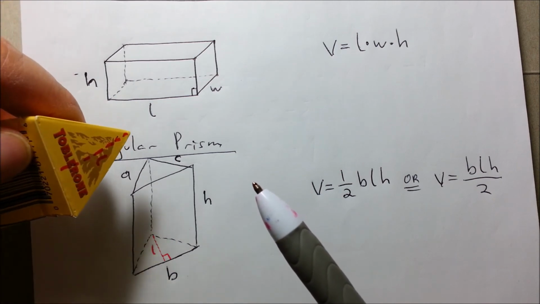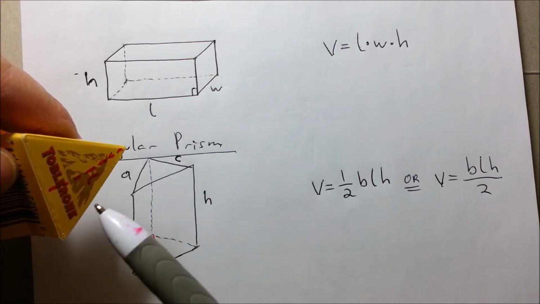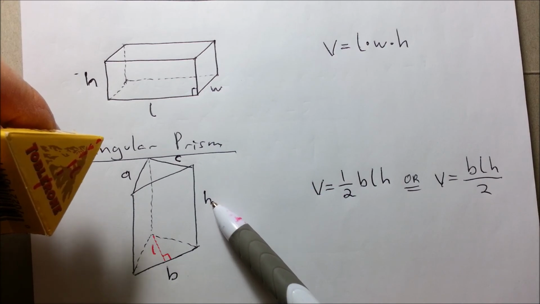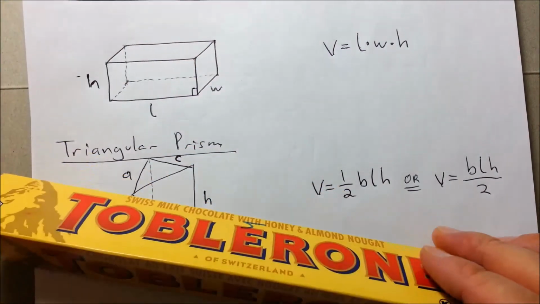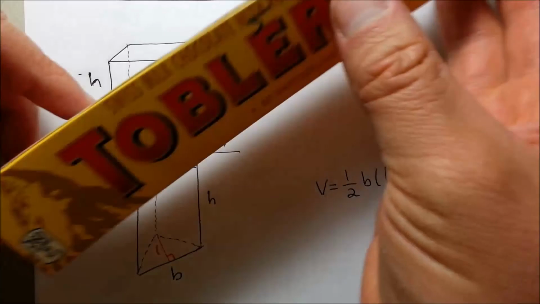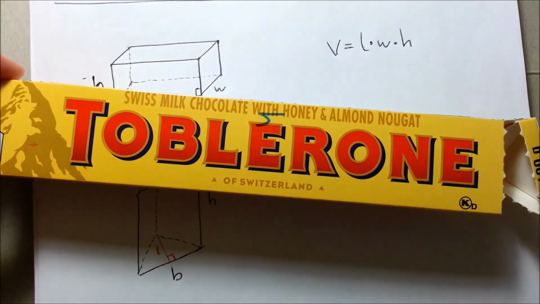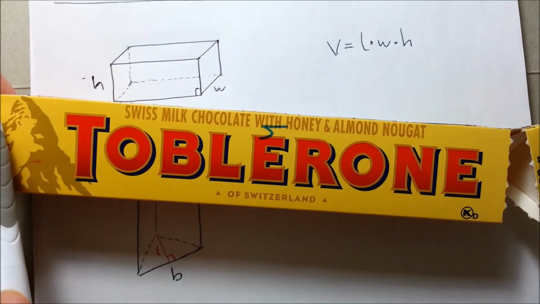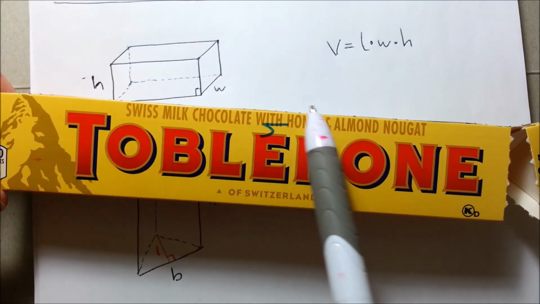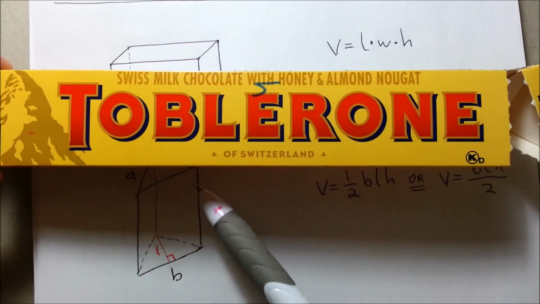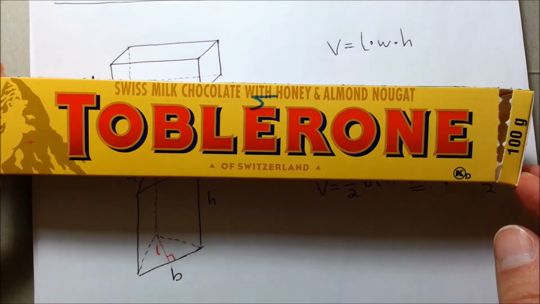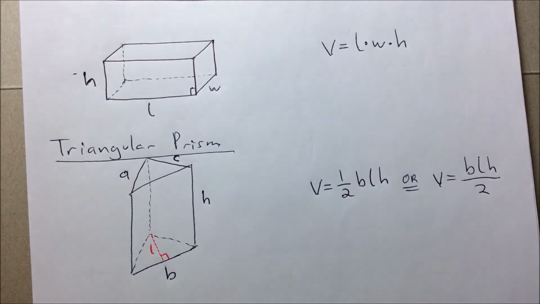And the H over here is actually this, and I labeled it here. Not that I'm making an ad or being sponsored by Toblerone. But here's the height, from there to there. That's the H value. So always keep that in mind when you are presented with a triangular prism problem: the difference between H and L, the difference between the two heights.